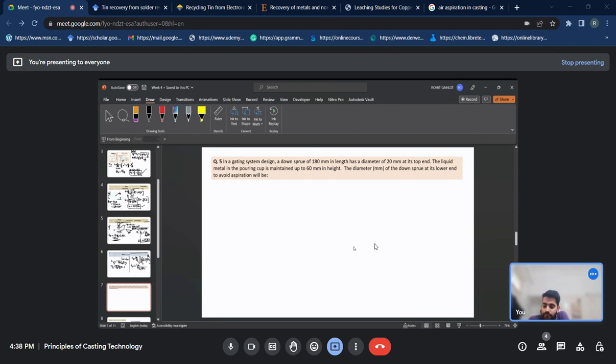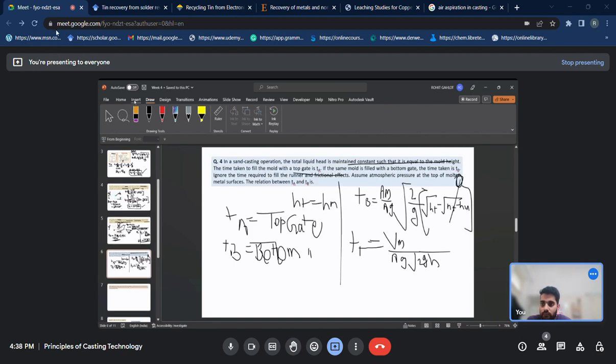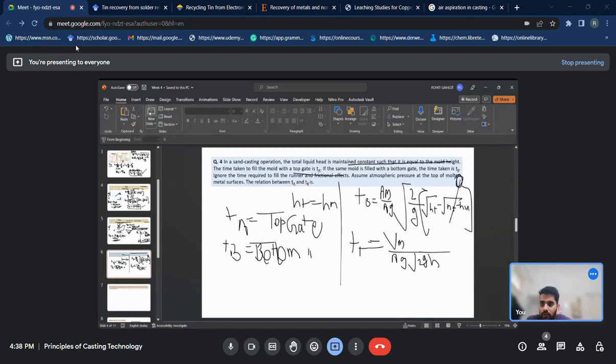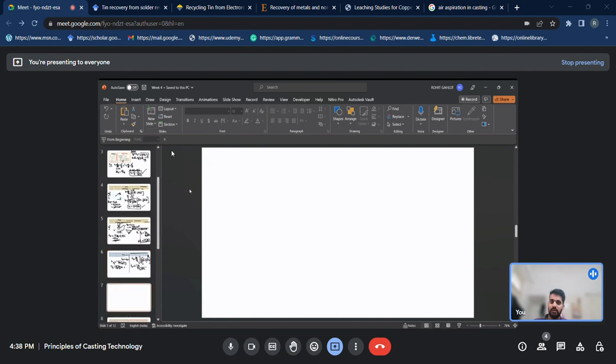Okay then. Okay then, so if you will see the air aspiration effect.